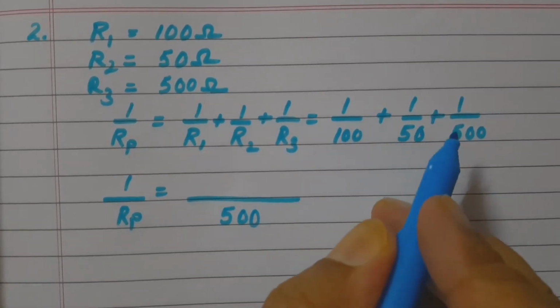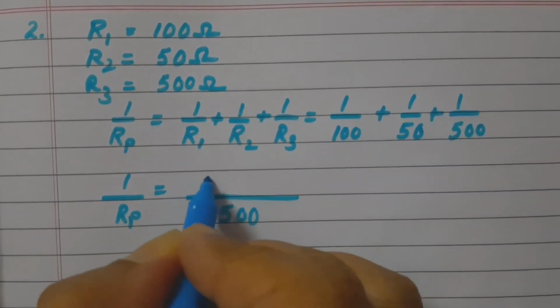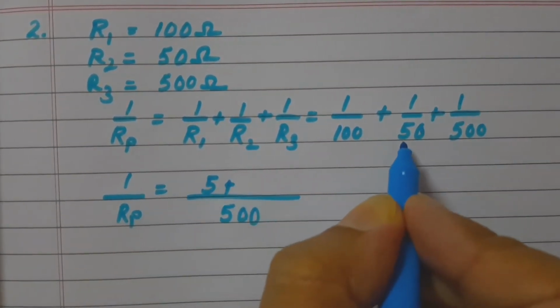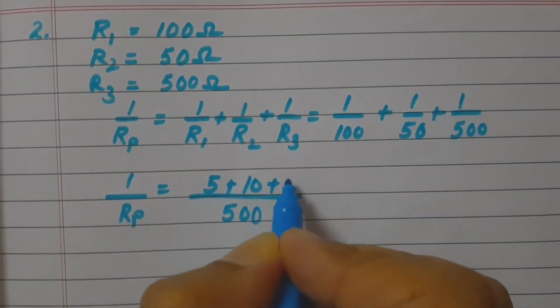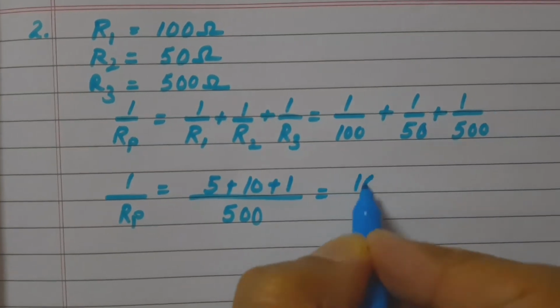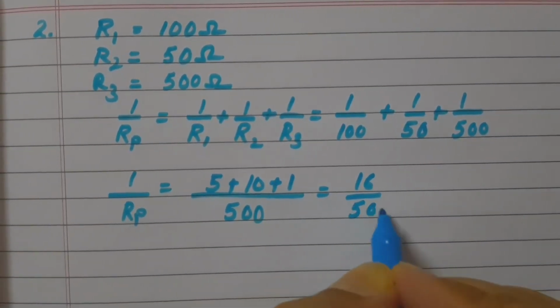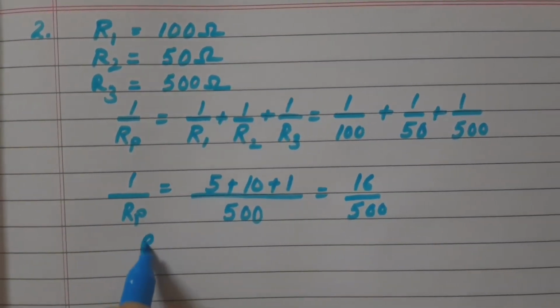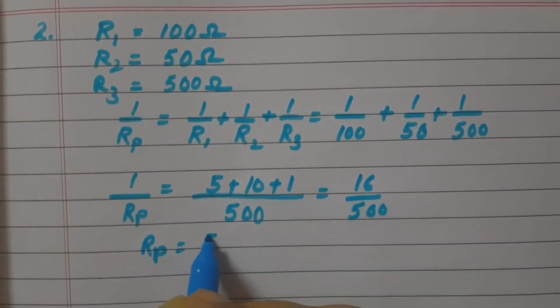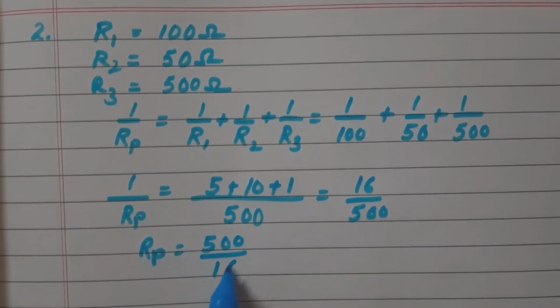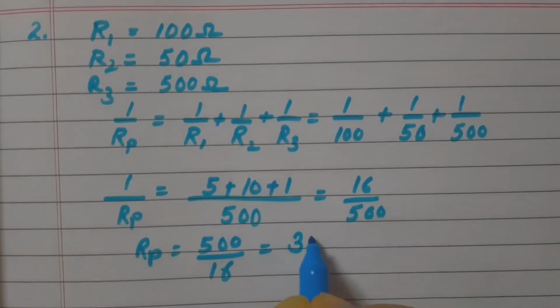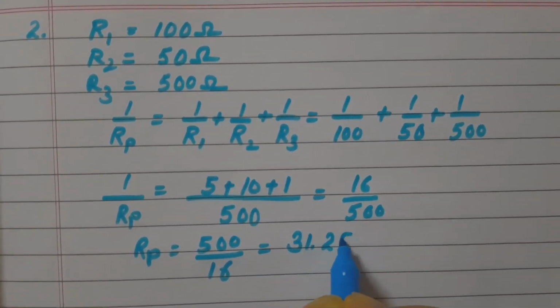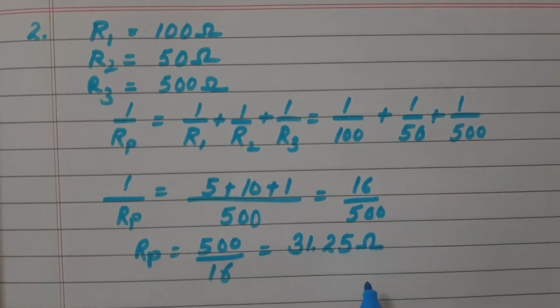Now we have to calculate for this. It is 5 for 100, 10 for 50, 1 for 500, 16 upon 500. Rp will be written as 500 upon 16. When we calculate it, answer will be 31.25 ohm.